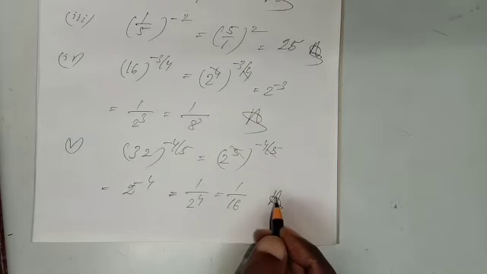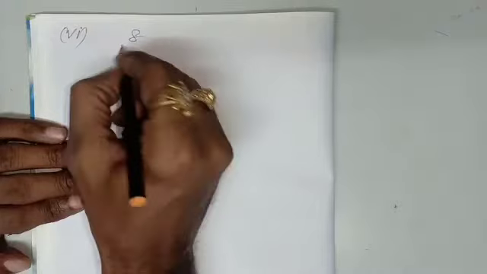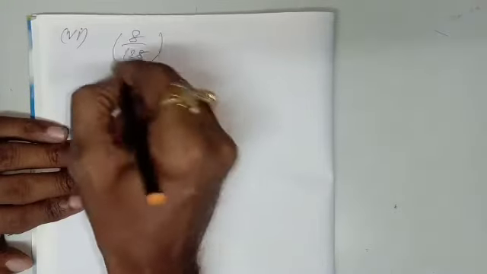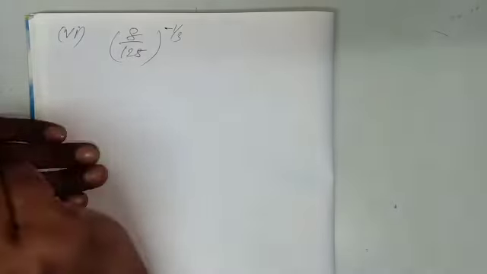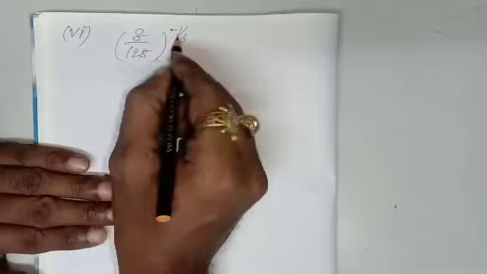Let us go to the next one. The 6th part question is given as 8 by 125 whole to the power minus 1 by 3. First of all, you have to make it a positive power. How?